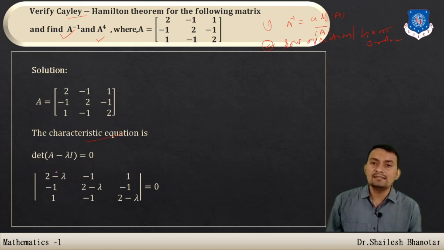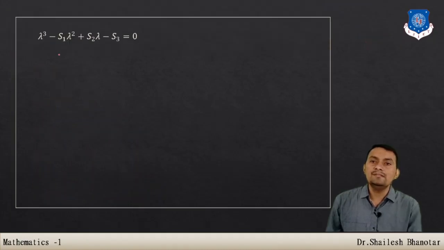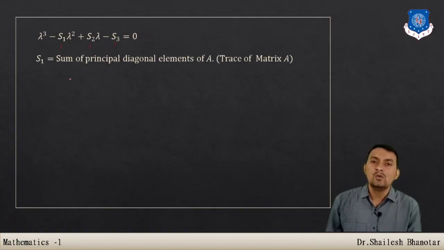Just put here A minus lambda I, where I is nothing but the identity matrix, so the diagonal entries will be subtracted by lambda: 2 minus lambda, 2 minus lambda, 2 minus lambda, and the remaining entries will be the same. This is the characteristic equation, so I need to find s1, s2 and s3, where s1 is nothing but the trace of the matrix.